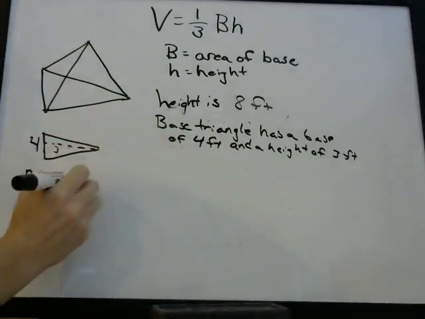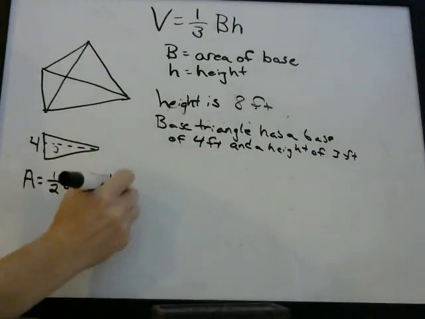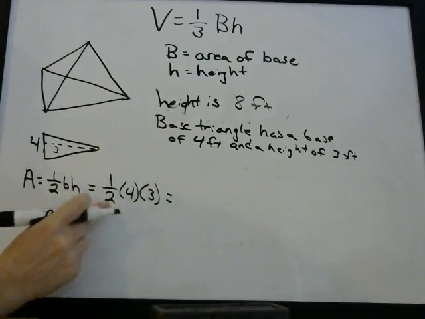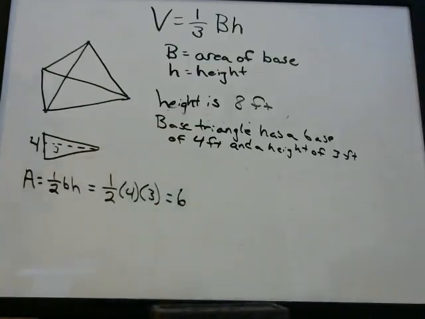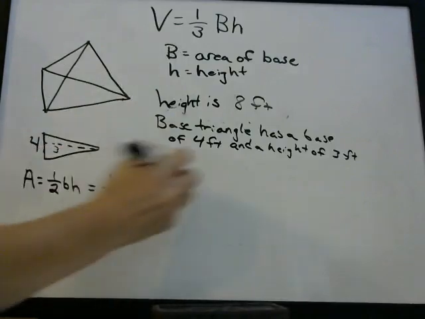So the area of that triangle is 1/2 base times height, which is 1/2 times 4 times 3, which is 6. So that is the B, the area of the base for this problem is 6.